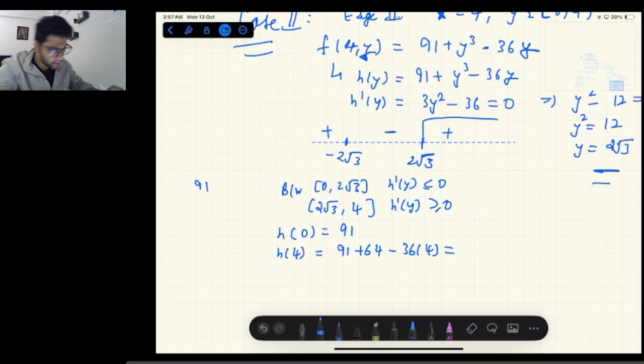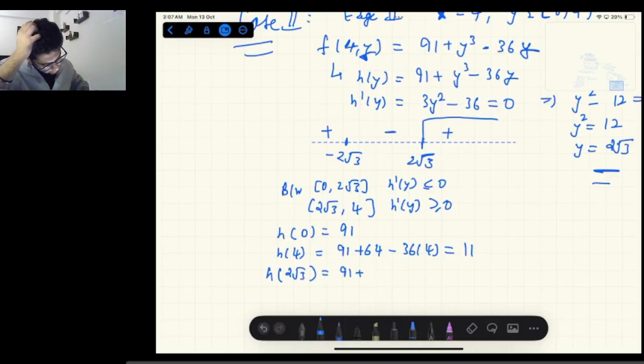Yes, 155 minus 144, which is 11. So h of 0 is 91, h of 4 is 11.